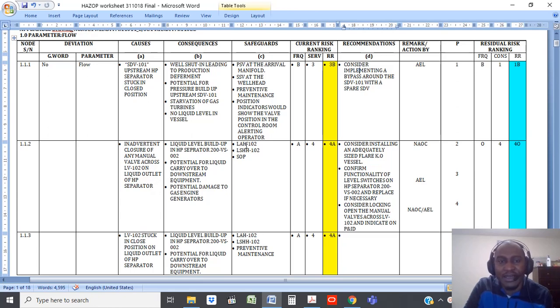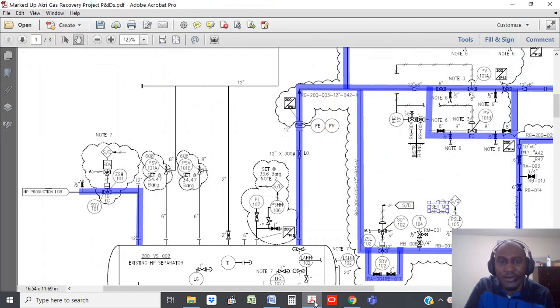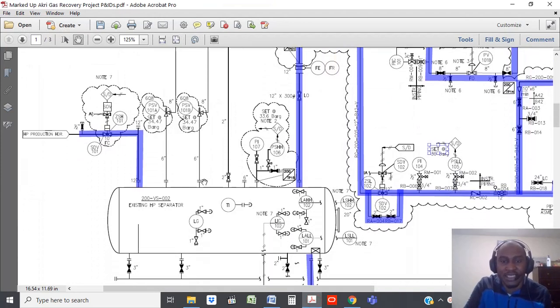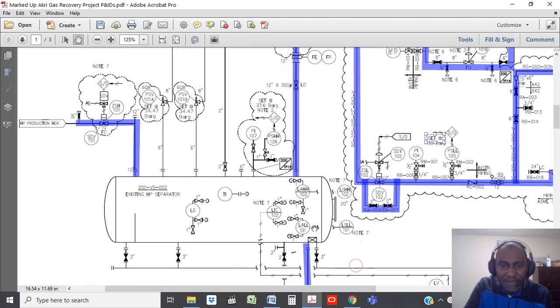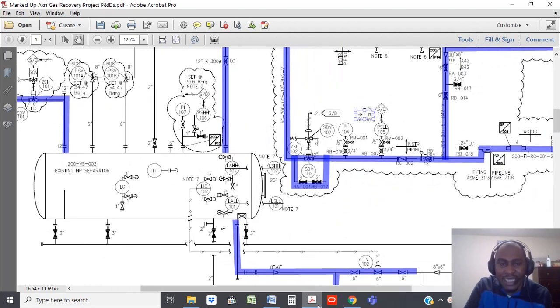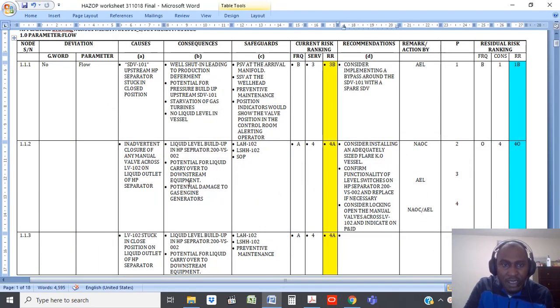You have a level alarm high, which would alert the operator in the control room that the level in this vessel is getting too high. Then you also have a level trip high.